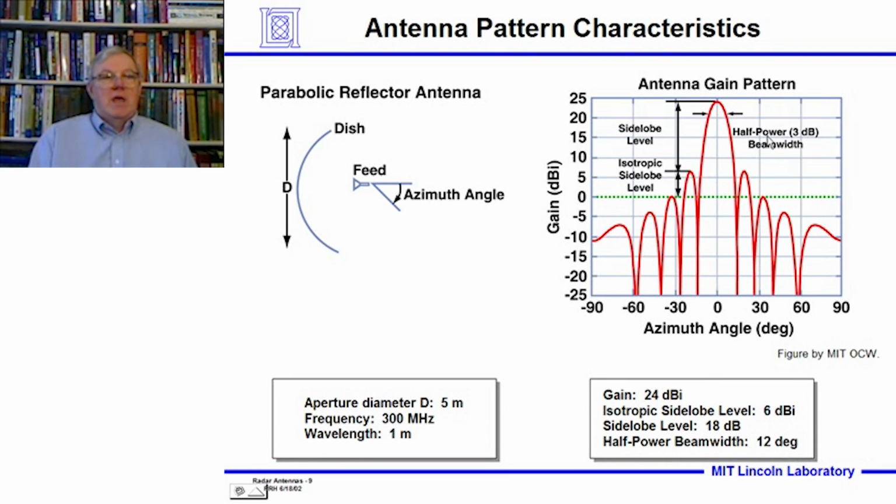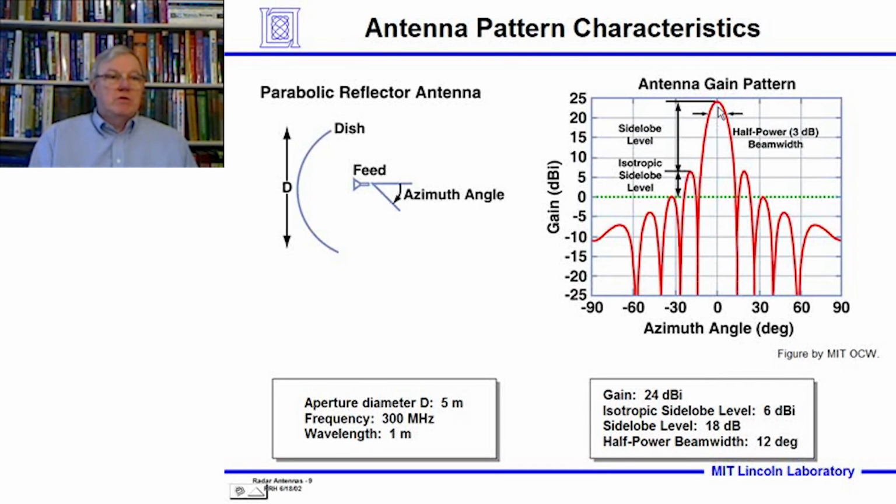When you go down half power, that's 3 dB. It's the beam width, from the edge of the gain pattern to the edge, right to left, when you go down 3 dB. And in this case, the half power beam width is 12 degrees.